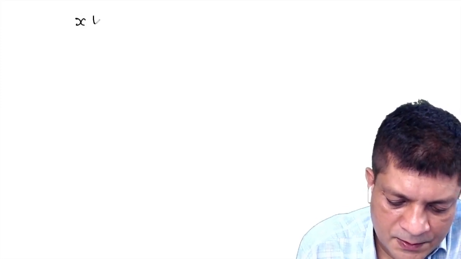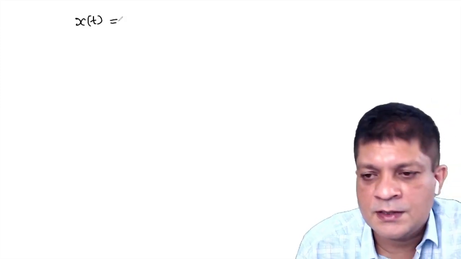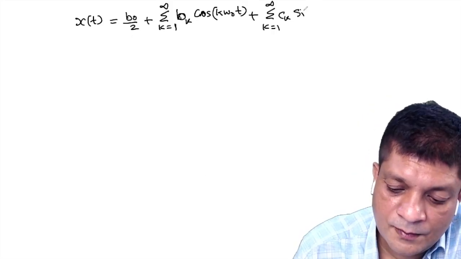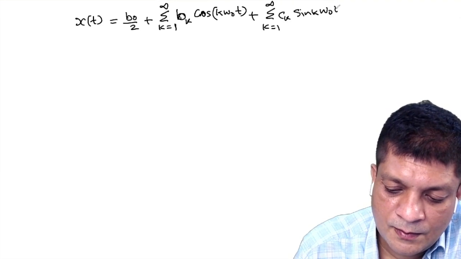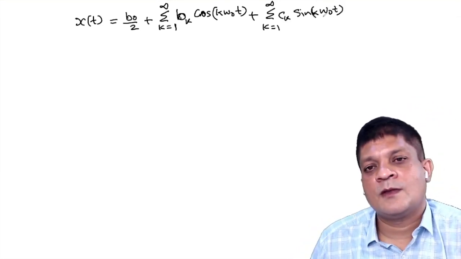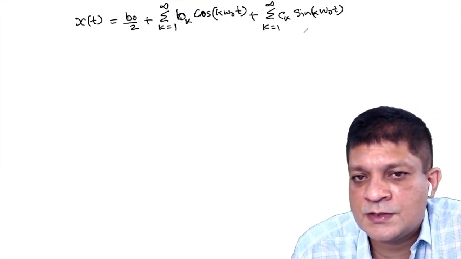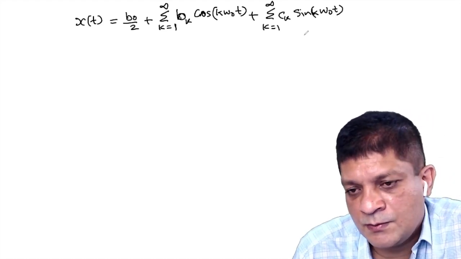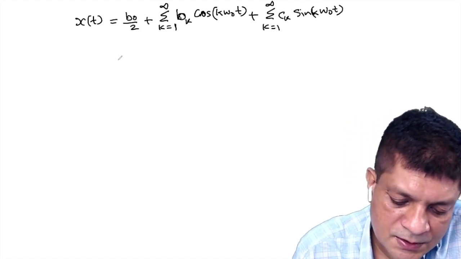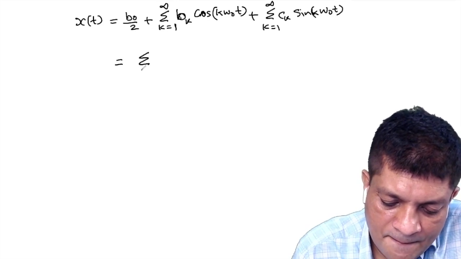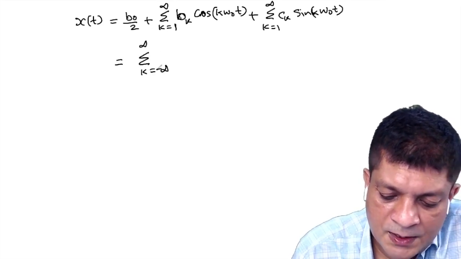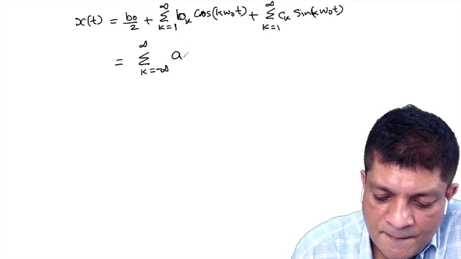Okay. So what we have shown here is, let me summarize it. If we have a periodic signal x(t) in the trigonometric Fourier series expansion, this is the trigonometric Fourier series representation. And what we have just now derived is, this can be written as a sum over k from minus infinity to infinity.